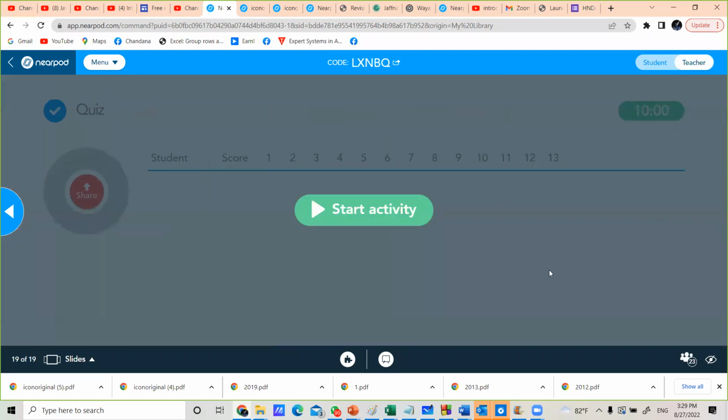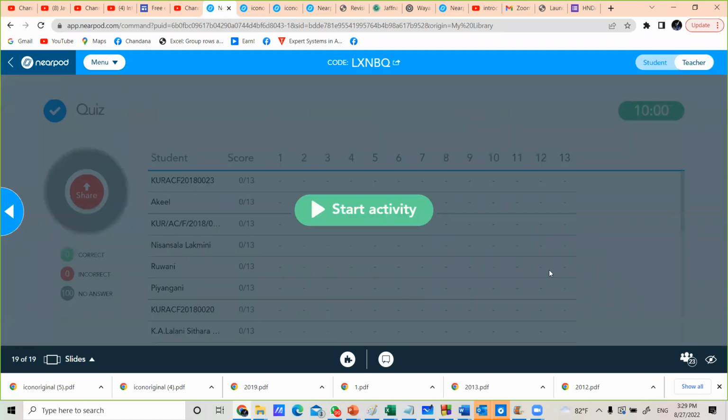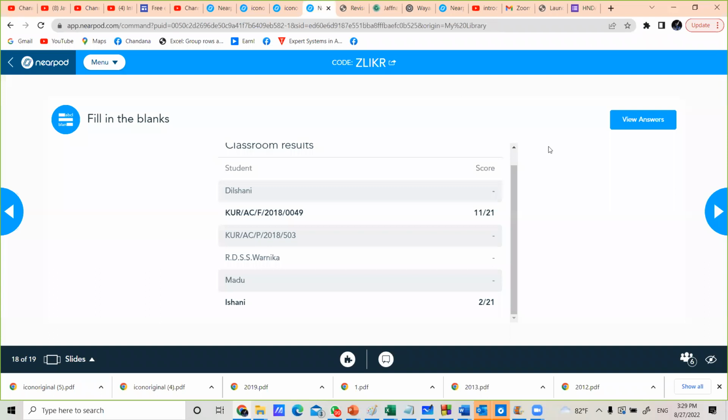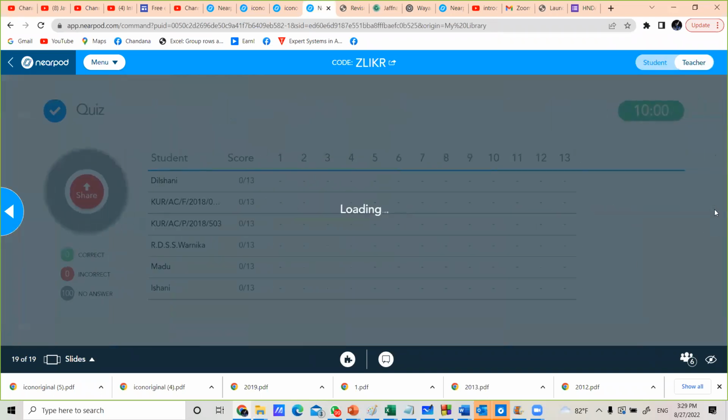Try to complete this one also. It is a 10-minute activity. Only MCQ type questions are available here. I'm starting the activity from my view. Then you can start.